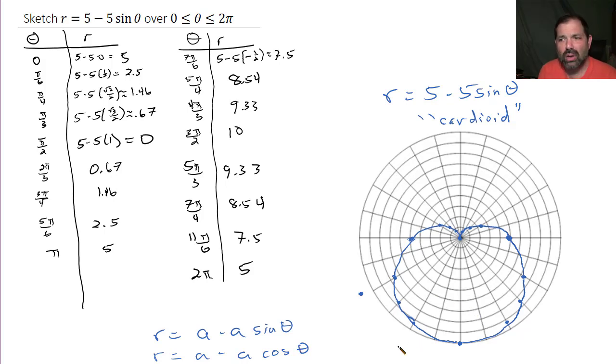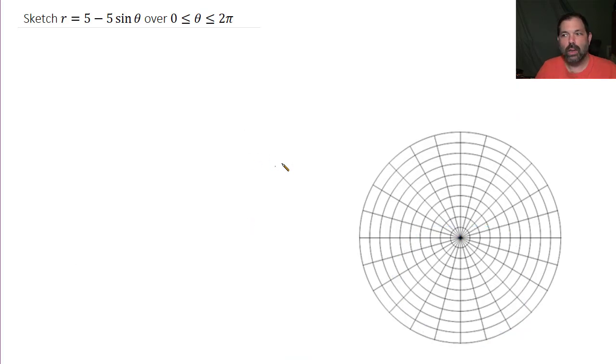Now, that was a long process. And so what I would suggest is there's a simpler way to do this, but we have to take a different approach to it. Okay, we have to take a different thought process. So what I'm going to do now is the same exercise, but from a different point of view. So here's that same exercise.